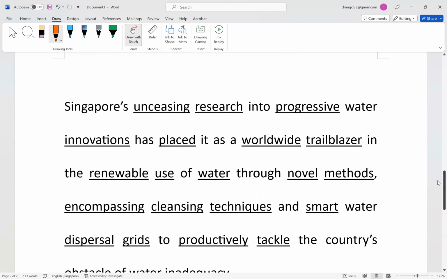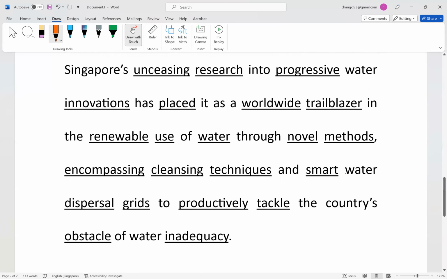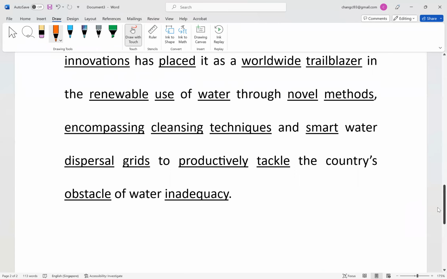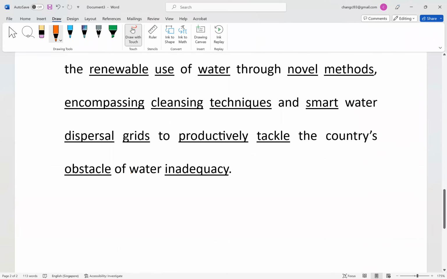Okay, so intelligent water distribution networks, water dispersal grids, right? You can also use words like dissemination in lieu of dispersal to productively tackle, effectively address the country's water scarcity challenges, obstacle of water inadequacy.